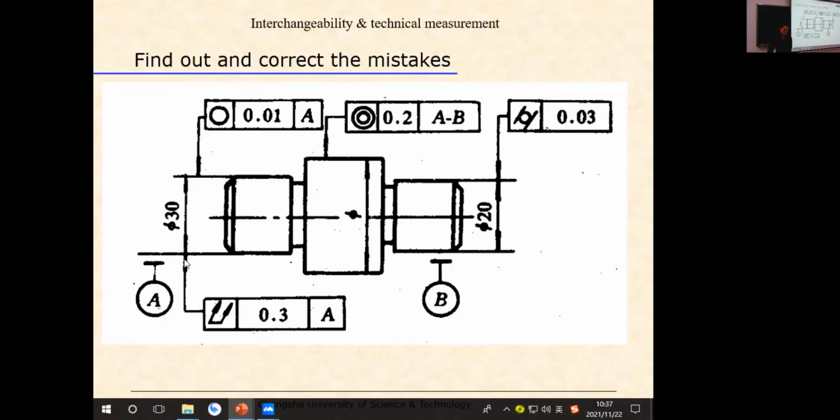But this arrow is in line with the dimension line, so it means the axis, right? Like this one, it means the axis. But the total runout means the contour feature. Contour feature means like a surface. So you don't need to put the arrow in the dimension line, right?